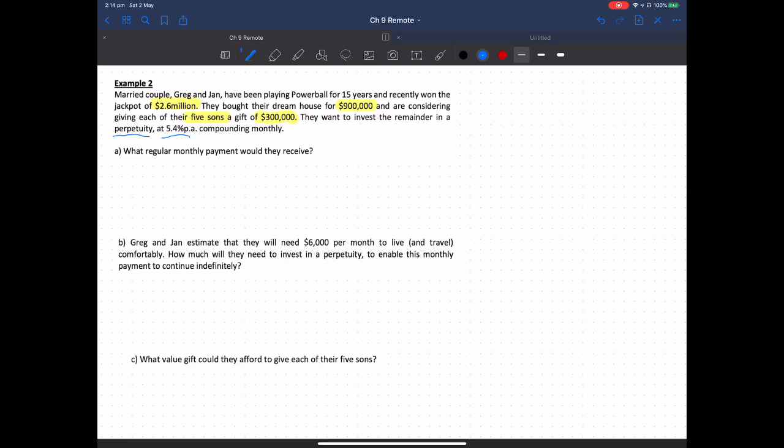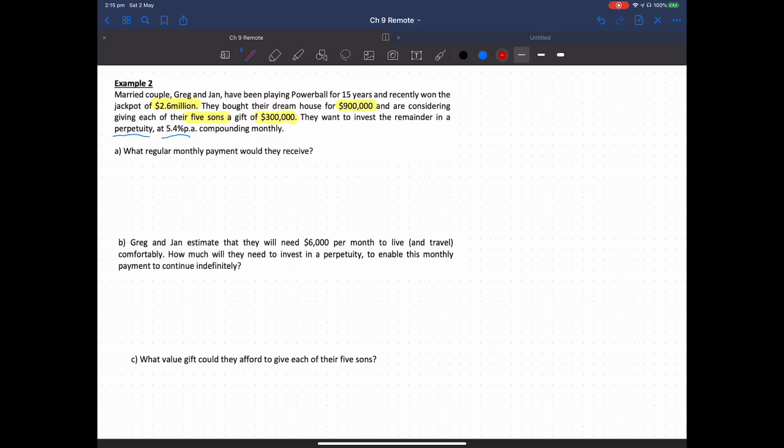Okay, they have got 5.4%, but if they've spent a lot already, it's going to be 5.4% of what they have left. So, first thing we have to do is work out what they have left to invest if they were to spend the money in the way in which they thought they were going to do.